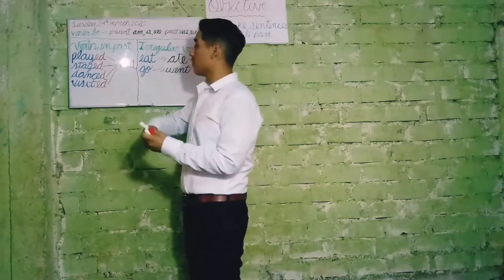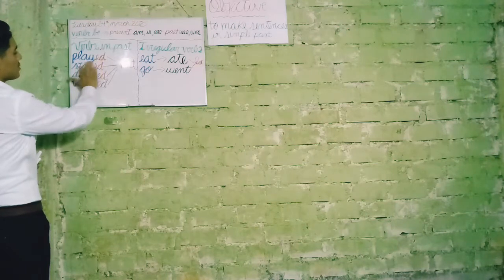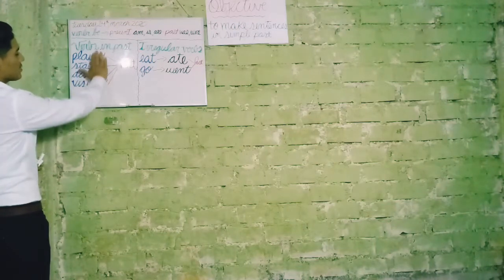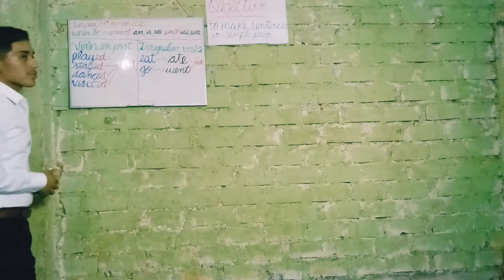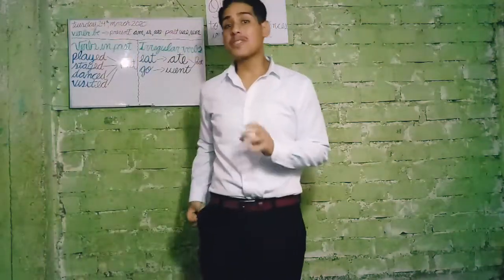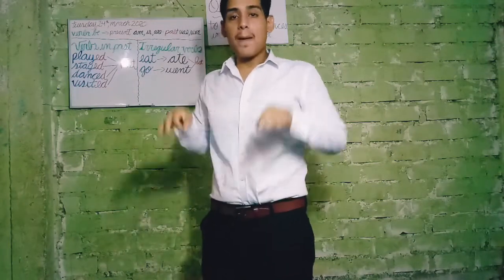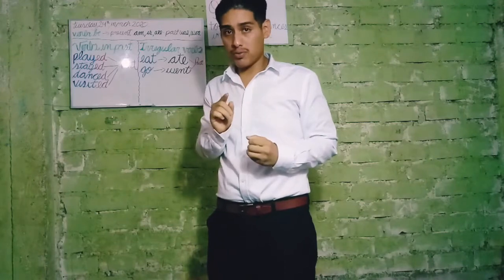Here we have verbs. For example, the verbs play, stay, dance, and visit. Maybe you don't know this word, stay. Let me explain. The verb stay means being in the same place and not moving.